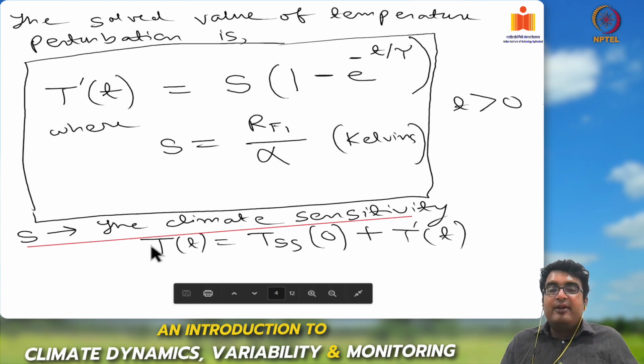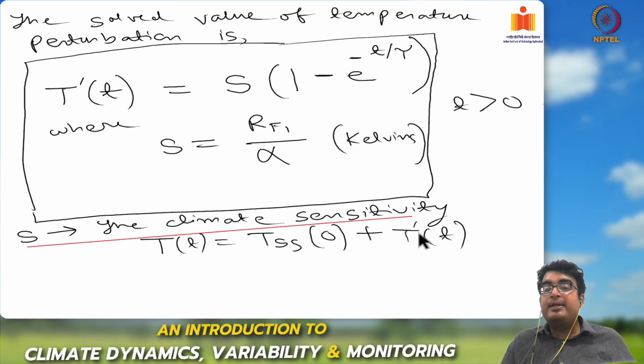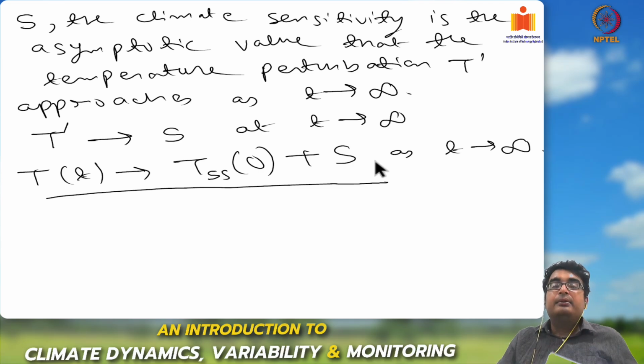And at any given time, the total temperature of the climate system is the steady state temperature, which is the temperature it was at t equal to 0, plus the temperature perturbation, which is given by this expression here. Alright. S, the climate sensitivity, is the asymptotic value that the temperature perturbation T prime approaches as time tends to infinity.